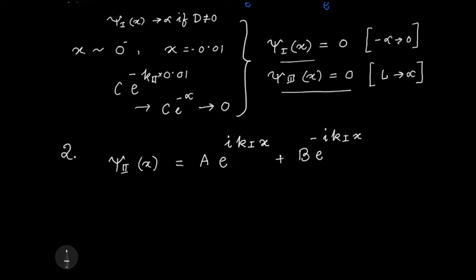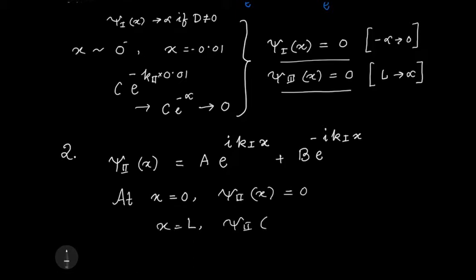We call this k1, remember? This is k1 square, equal to 2mE by h cross square. And remember, psi is continuous at x equals 0, so this is equal to 0, and at x equals L also psi is continuous, so this is equal to 0.